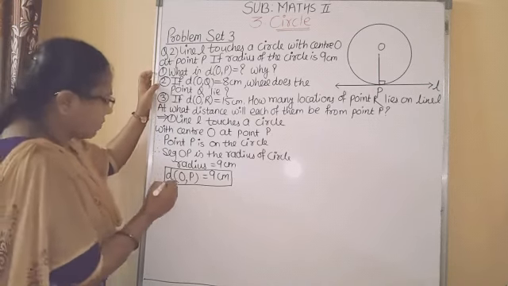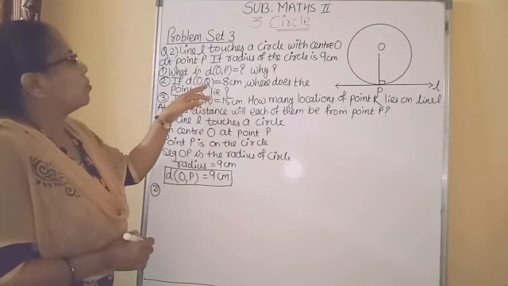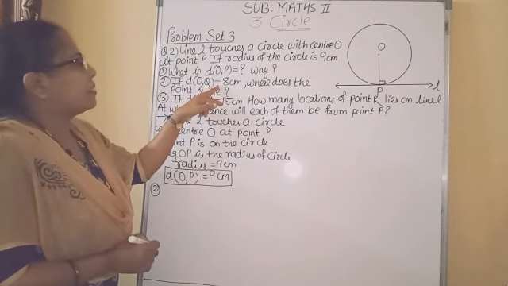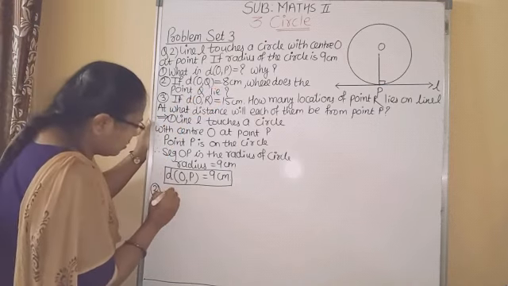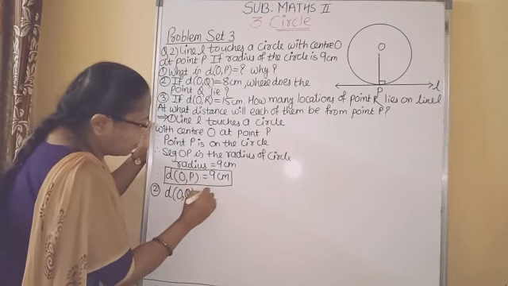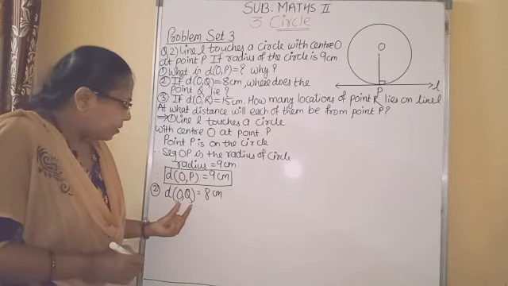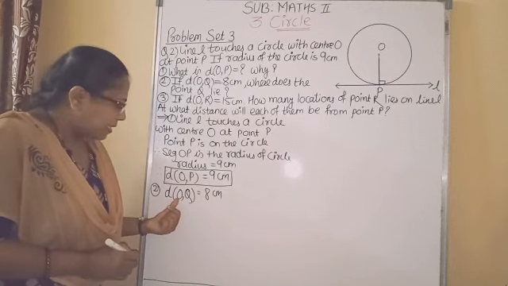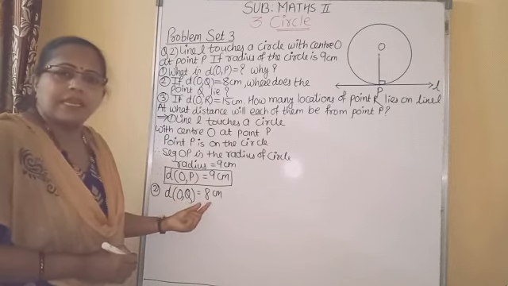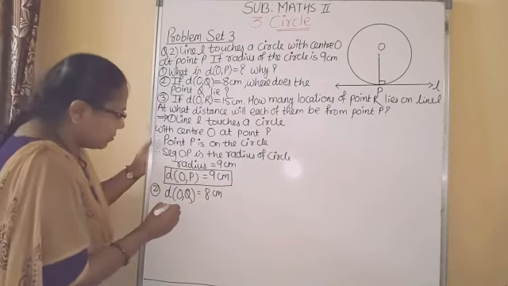Now, second question. If distance OQ is equal to 8 centimeters, the distance between O and Q is equal to 8 centimeters. So the distance between the center and this point is less than the radius because the radius is given 9 centimeters.